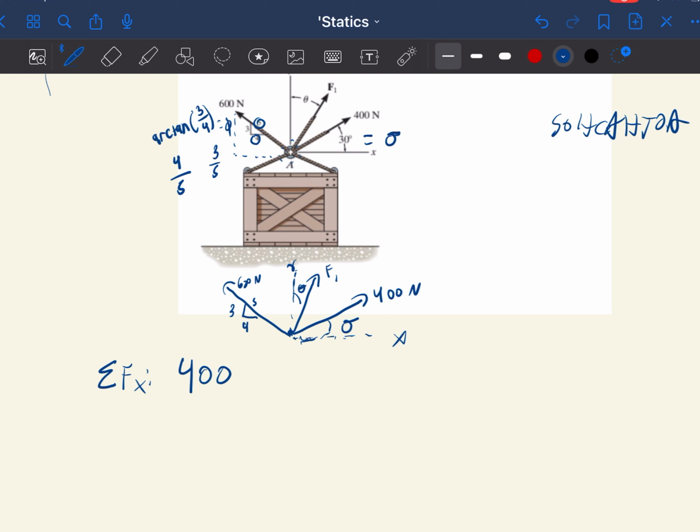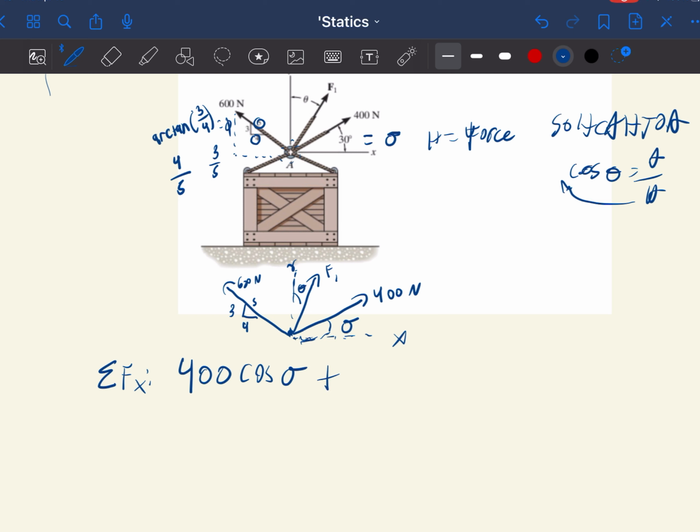The cosine of this angle is equal to the adjacent over the hypotenuse, and the hypotenuse is always equal to the force. So we can just multiply by the hypotenuse, which is 400. We can do 400 cosine of this angle sigma, and that's the x component of this vector.